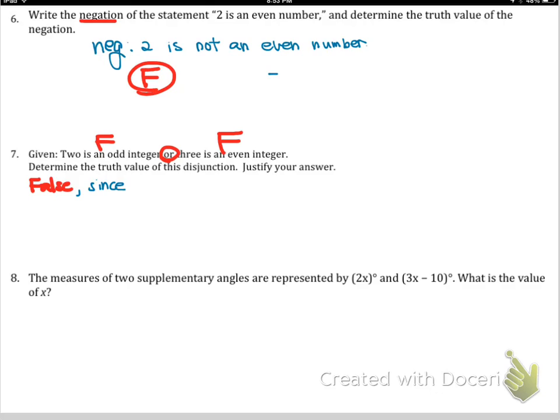Since both parts of the disjunction are false, the entire statement is false.